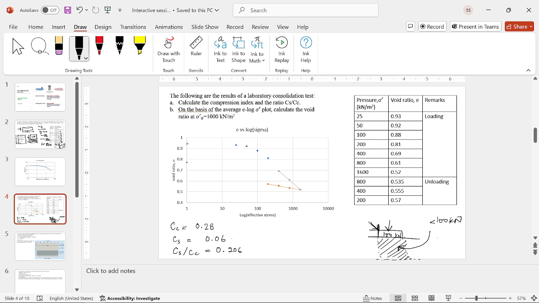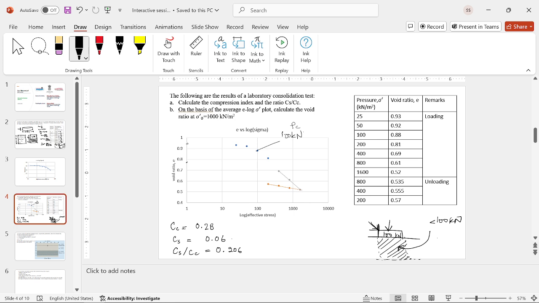As I was saying, initially, if you see from here, the pre-consolidation pressure was somewhat about 100 kilonewton. After 100 kilonewton, it started increasingly showing volumetric deformation.